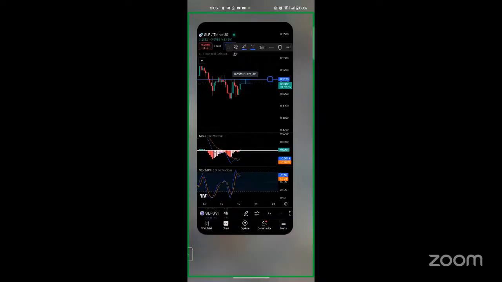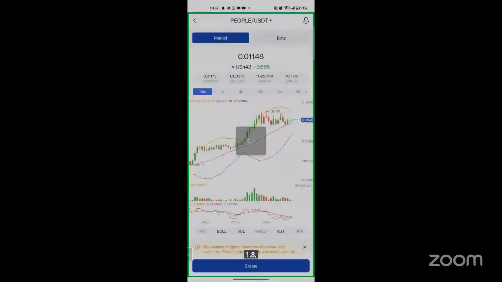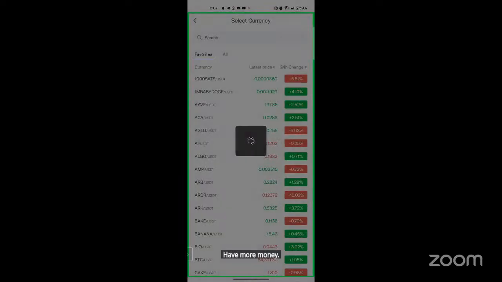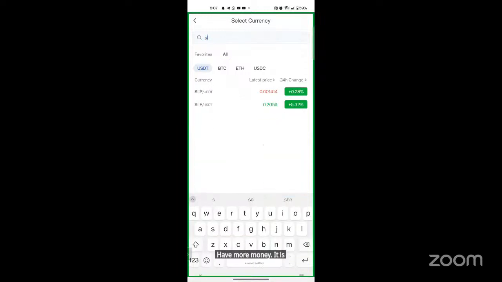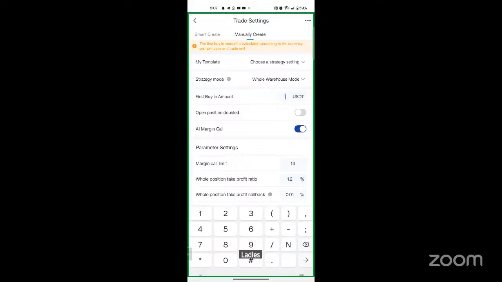1.8. Where is my balance? I have more money. There is money here. $200. 1.5.